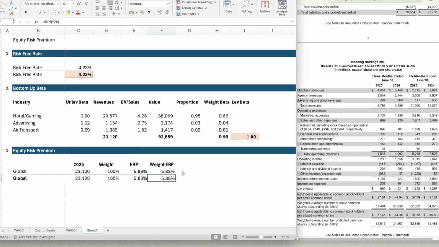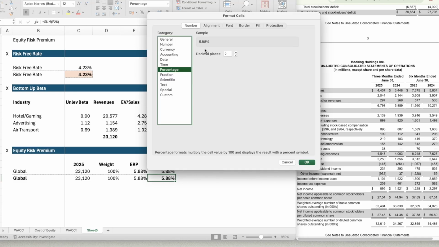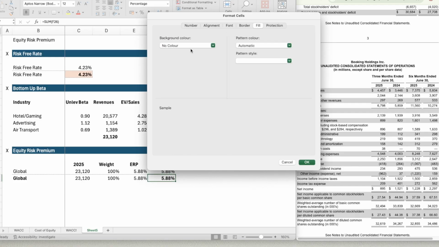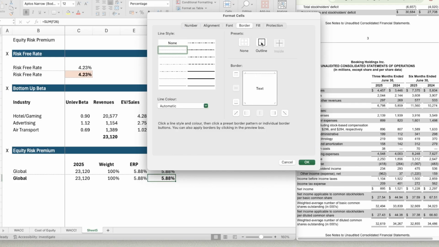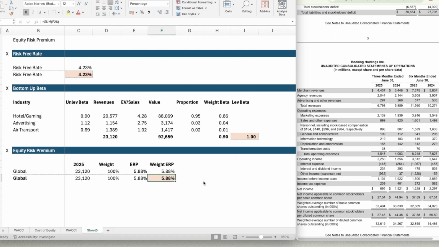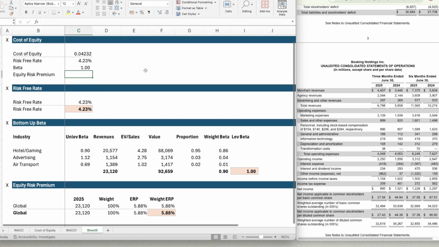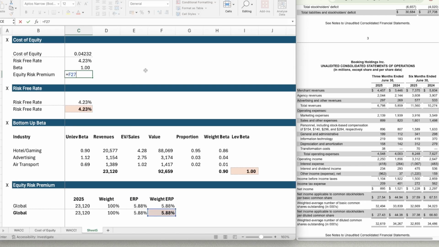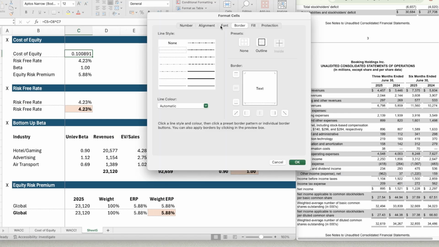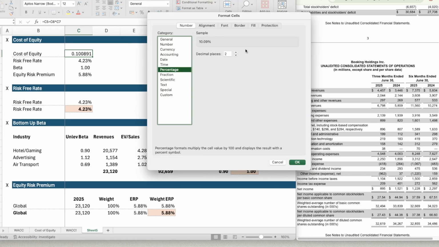So yeah, we have our ERP here. Let's just label it. We put this equal to F27. And then now we have our cost of equity, which we just need to format into a percentage.